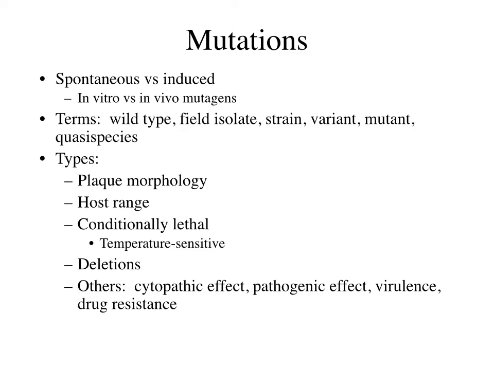Other kinds of mutations include drug resistance, virulence, pathogenesis, and so on. Keep in mind that these can often be linked. For instance, resistance to Tamiflu, a neuraminidase inhibitor used to treat flu, has been shown to be the result of a deletion. We'll talk more about deletions when we get into defective virus particles later on in this lecture.